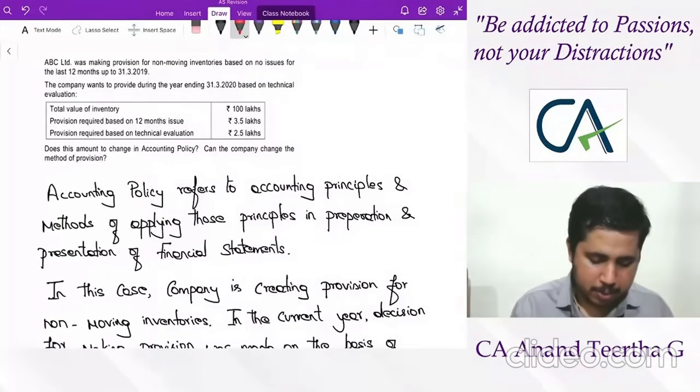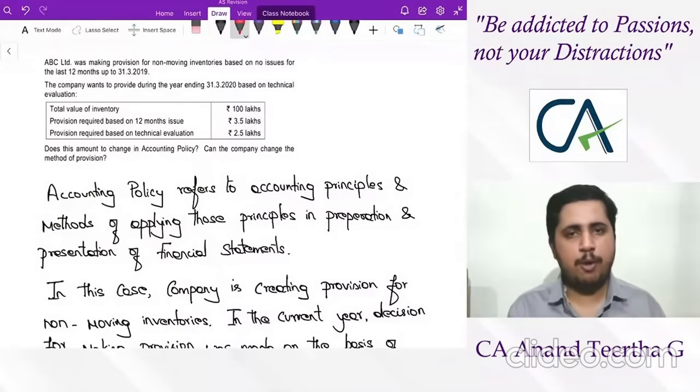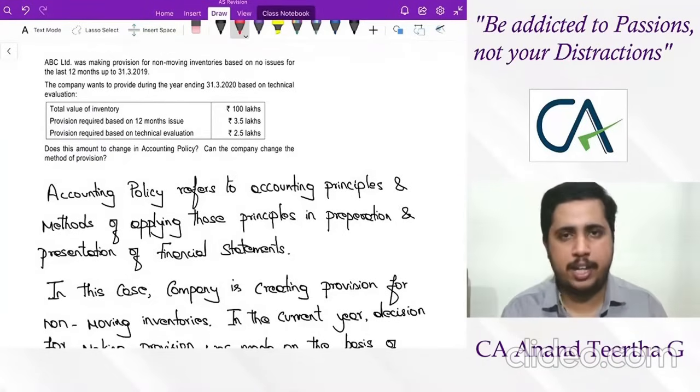Does this amount to a change in accounting policy? Can the company change the method of provision? This is the question which is asked. I've already written the answer so that we can save some time. But first I will tell you how to analyze this question, what kind of sentences I need, then I will show you the answer, which is anyhow attached with the PDF I have shared.